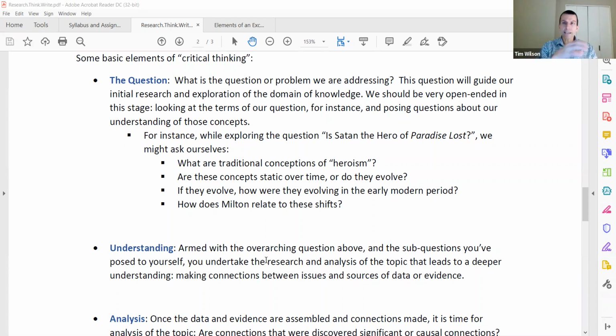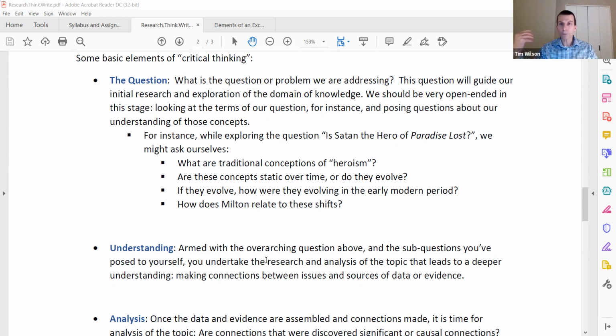And then questioning the assumptions, your own assumptions and the assumptions of others, at the start. The question guides the initial research. So, let's say, is Satan the hero? That guides the opening. But if we're open-ended in questioning our assumptions, it can lead to other questions.